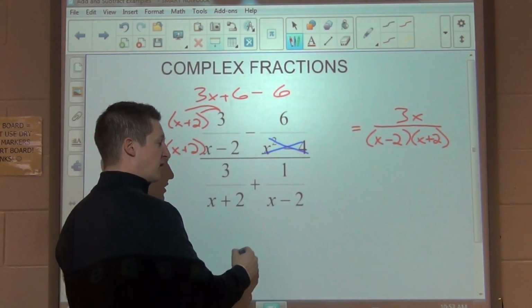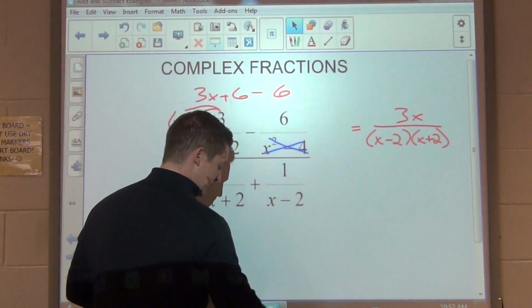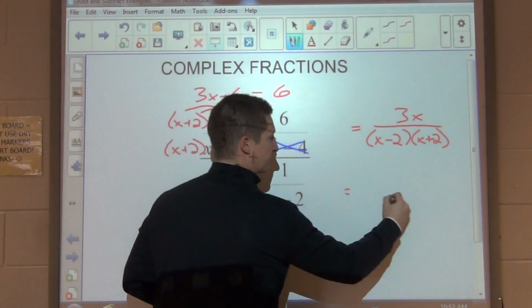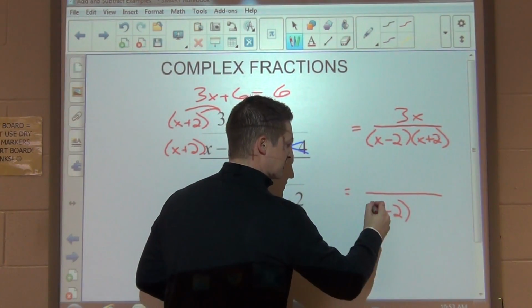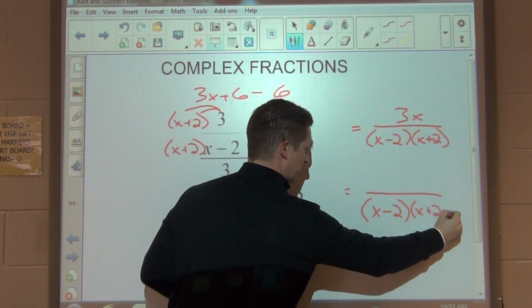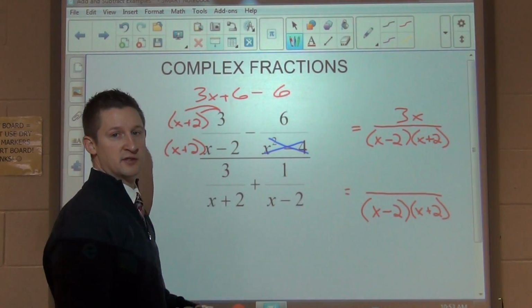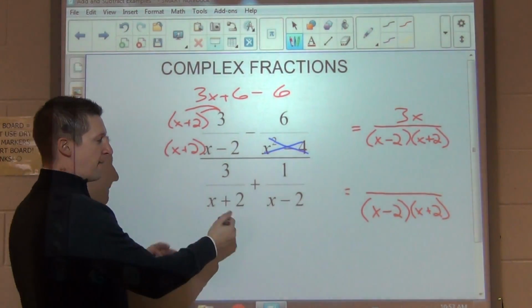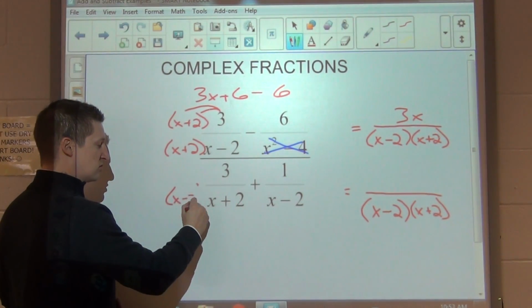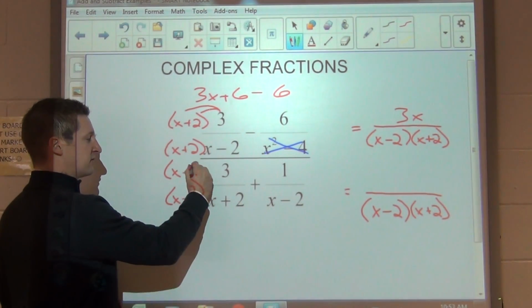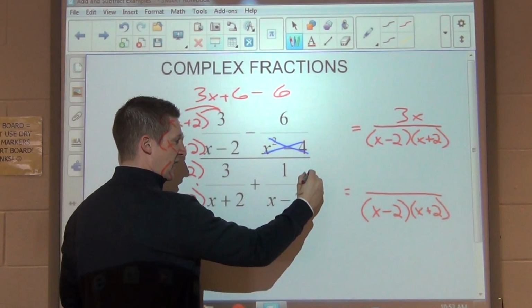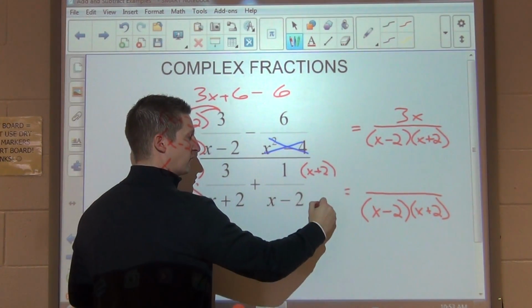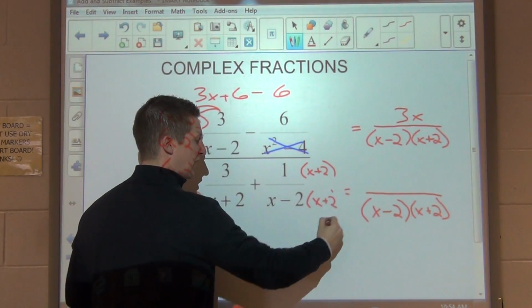So for a common denominator, we'll use red, x minus 2 times x plus 2, because that's the two of these multiplied together. Now, if that's the common denominator that I want, I see that I'm missing the factor x minus 2 from the fraction on the left, and I'm missing the factor x plus 2 from the fraction on the right.